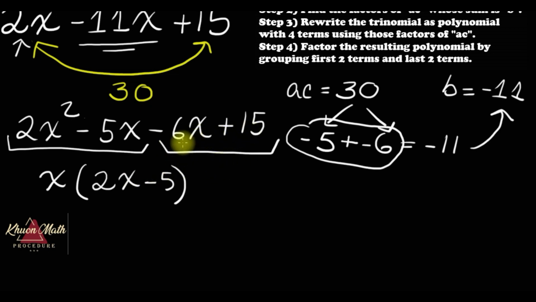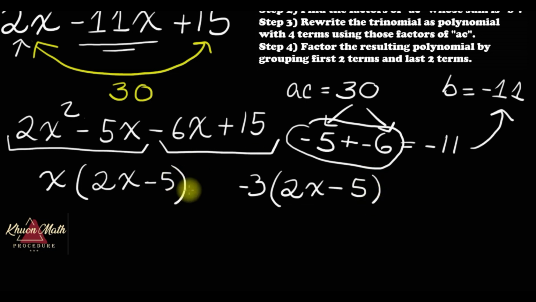Same thing over here with negative 6x plus 15. The greatest common factor is negative 3. Negative 3 goes into negative 6x as 2x, and negative 3 goes into 15 negative 5 times.